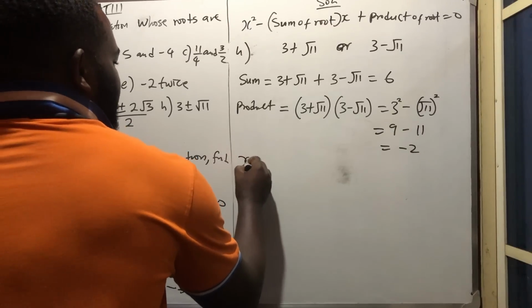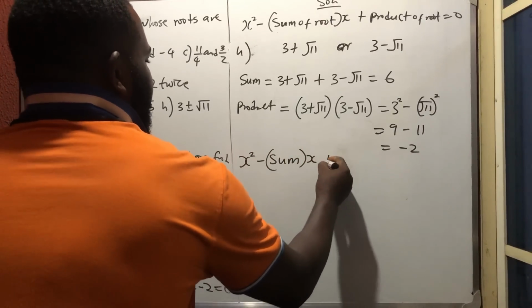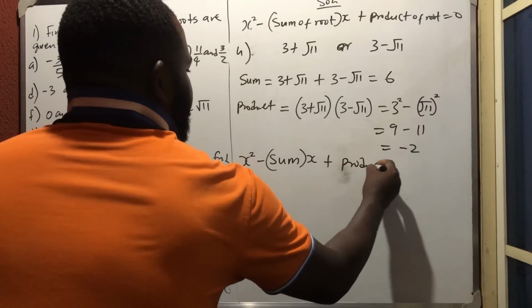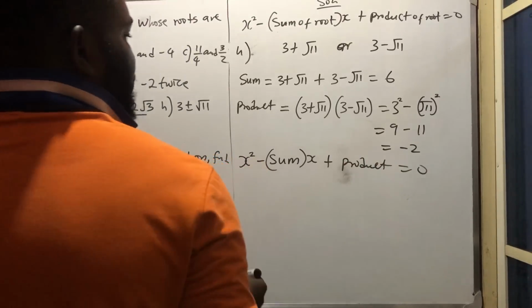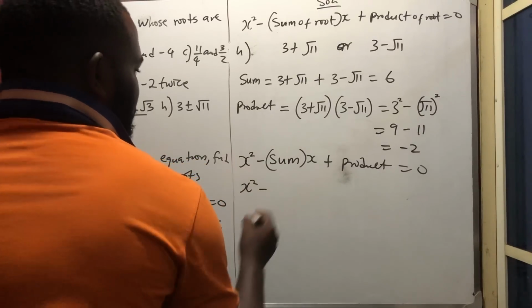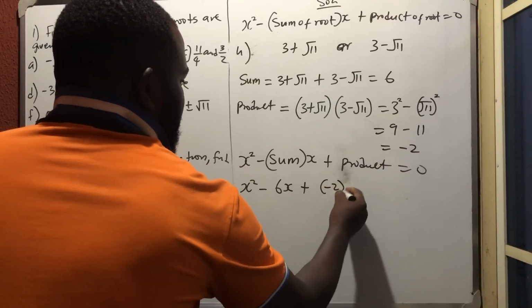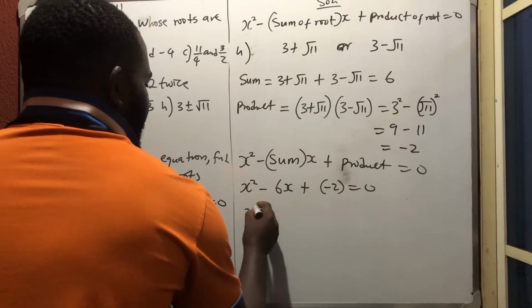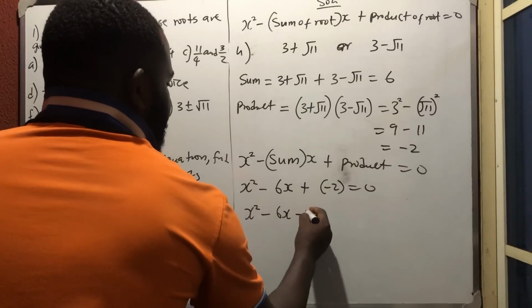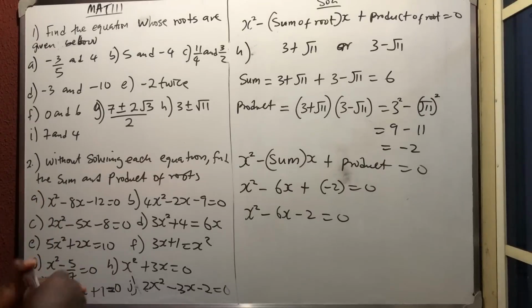The equation is x squared minus sum, you put x, plus product is equal to 0. So we now have x squared minus 6x minus 2 is equal to 0. So that is the required equation.